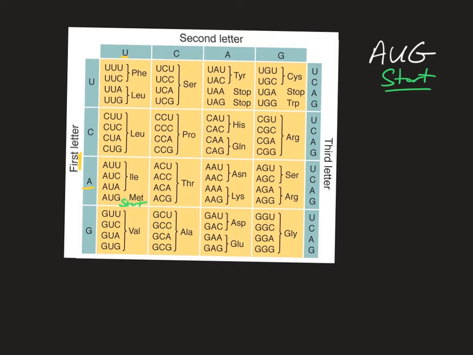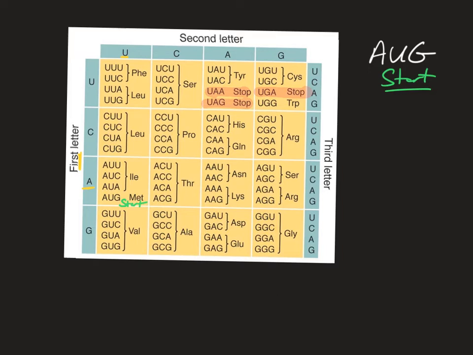AUA. Wait, why AUA? AUA is here. That's isoleucine. UAA is stop, UAG is stop, and UGA is stop. Those are your three stop codons. This is where you stop, guys. This is where the ribosome knows how to stop.